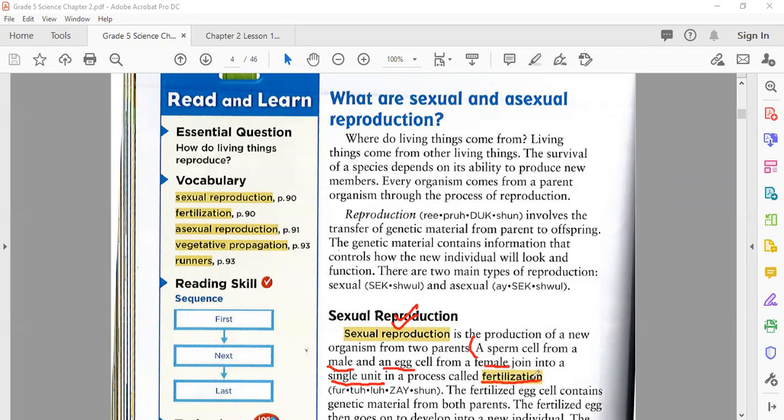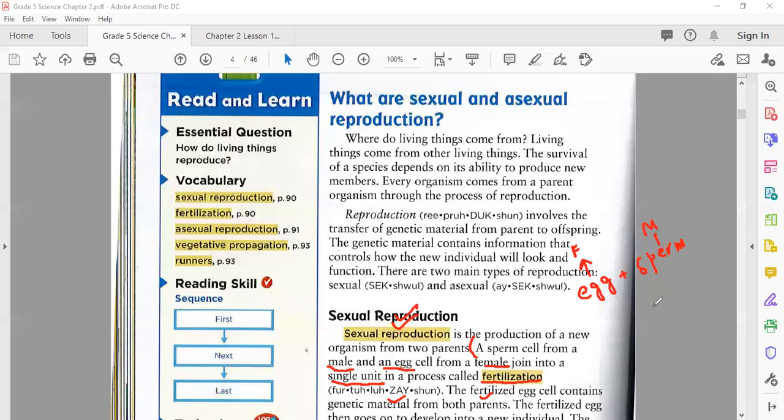Fertilization. The fertilized egg can contain genetic material from both parents. Why? Because it comes from egg and sperm. You know very well, egg from the female and sperm from the male.